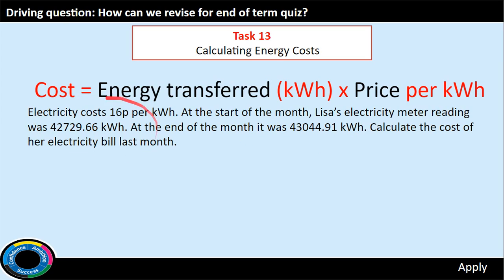If at the start of the month it was this, but at the end of the month it is this, how would you find the difference? You'll have to subtract the small number from the large number. Now it says to calculate the cost of her electricity bill last month. I would like you to try to use the equation to calculate the cost of electricity. You can now pause the recording.